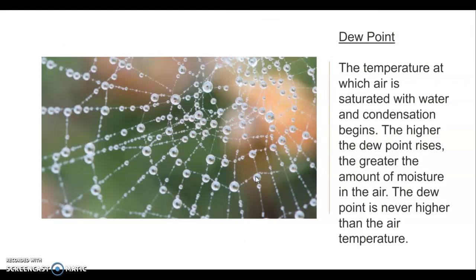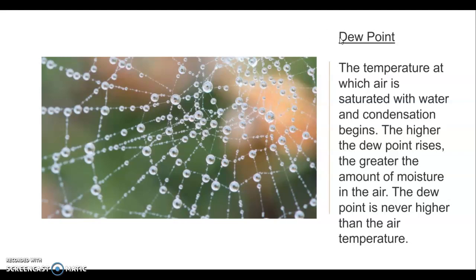So the dew point, I'm not sure, we were really close to it today. I didn't look to see, but in the summer, this very often happens where the temperature drops below the saturation point, the dew point, where the most water vapor that can be held in the air is held in the air, so the air has to get rid of it, and it'll release some dew on the grass, or in this case on a web. That's the dew point.